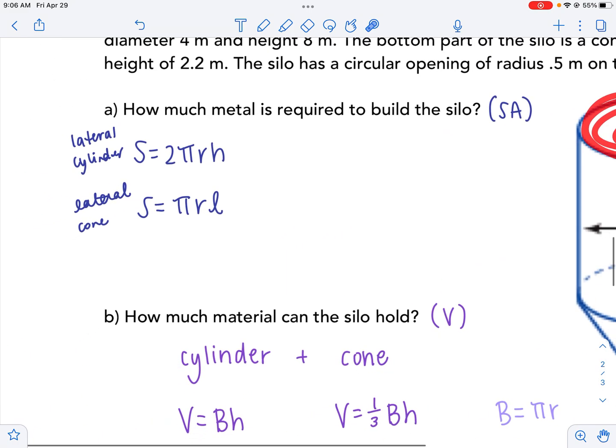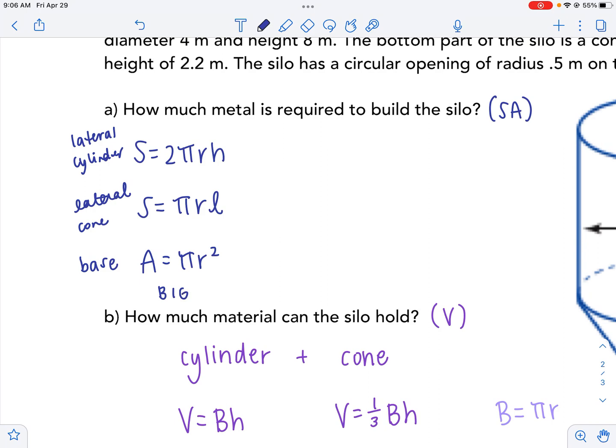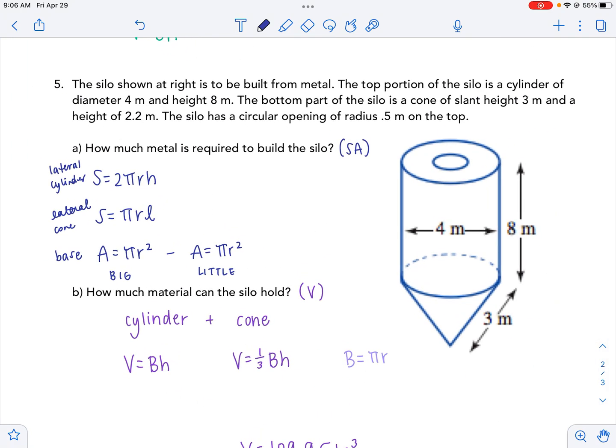And if we think, what are those shapes? Well, to get the base, that would be a circle, so that would be area is pi r squared of the big circle, but then I would need to subtract out the little circle. And then that would tell me the surface area of the silo.